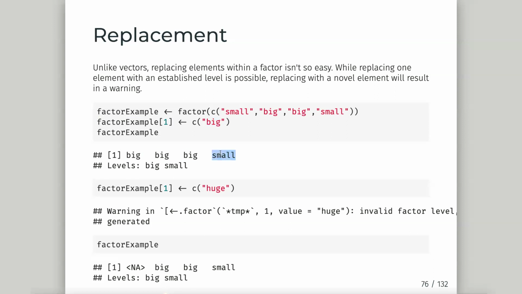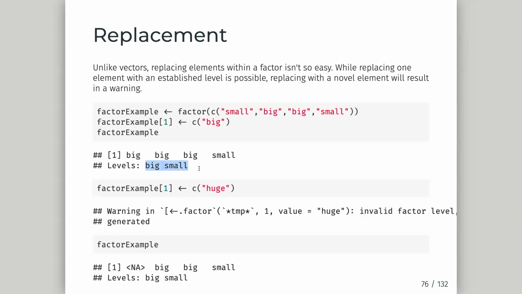I've successfully changed it. If, though, I try and assign to that first value something which isn't already in my factor, so in this case, I've only got small and big. It's not in my levels. If I now try and add huge, it's going to say invalid factor level, because it doesn't have that available to me here.